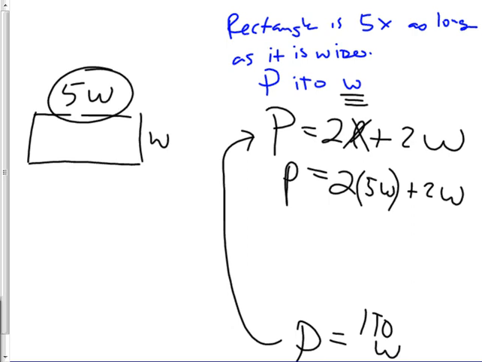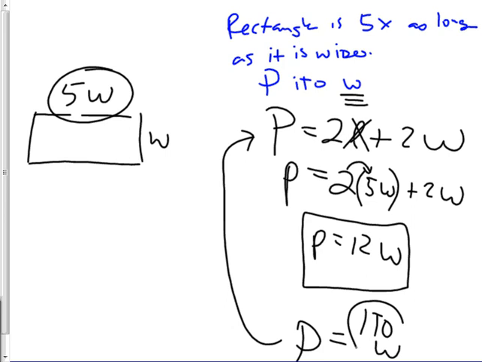Is my answer done? You can tell only if the teacher has told you whether they want you to simplify it or not. If I had to simplify it, then I go 2 times 5 is 10W plus 2W makes P equals 12W. And is it in terms of width? Yes, it is. Now I'm going to ask you one that's, I know almost everybody had that right. Raise your hand if you had that one right. Okay, good. I'm going to make one that's tougher.